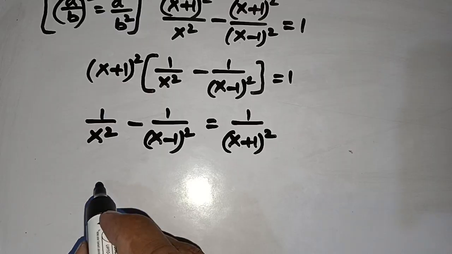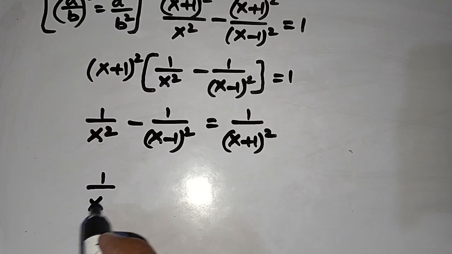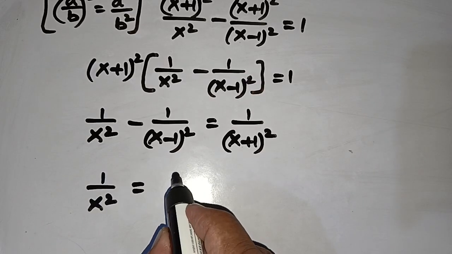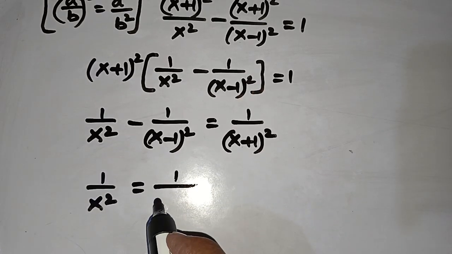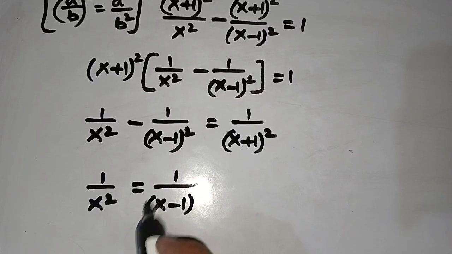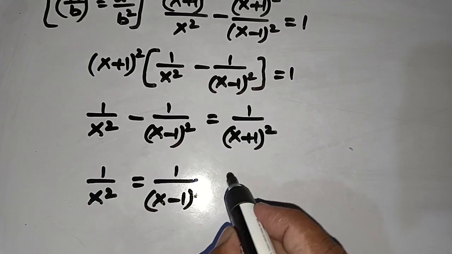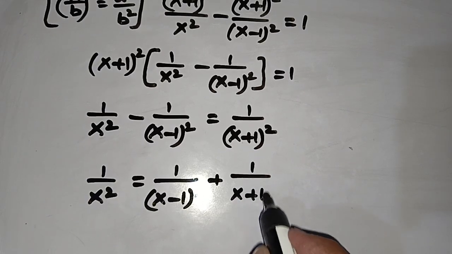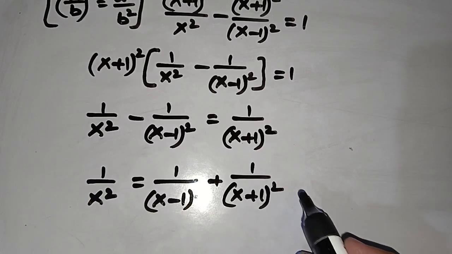When we take this term to the other side, 1 by x square is equal to 1 by (x minus 1) whole square plus 1 by (x plus 1) whole square.